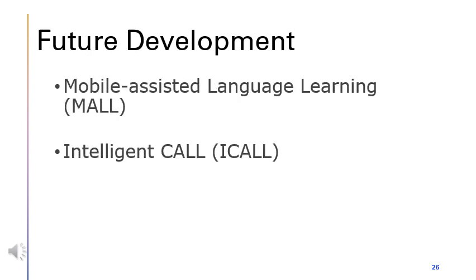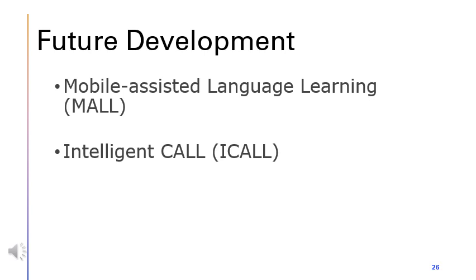Since everyone nowadays has access to a mobile device, such as a smartphone or a tablet, scholars are also looking into developing mobile assisted language learning systems, or MALL. Aside from that, the use of AI, or artificial intelligence, is also said to be another possibility in the future development of language learning and testing.